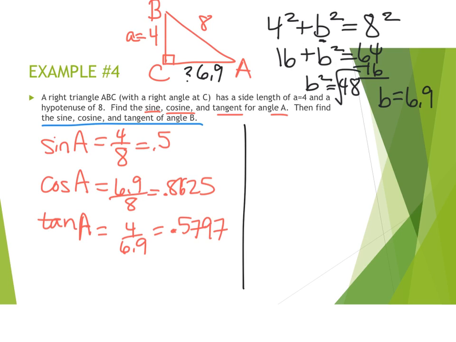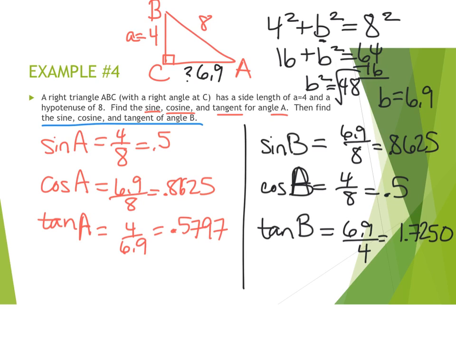Now let's go do angle B. Sine of angle B, cosine of angle B, tangent of angle B. Check your ratios, SOHCAHTOA, fill them in correctly, pause it, do that, and compare it with mine. There's my filled in answers for sine, cosine, and tangent of angle B. Please make sure you do give the ratio, the fraction version, and then also divide that in your calculator and give the decimal versions.